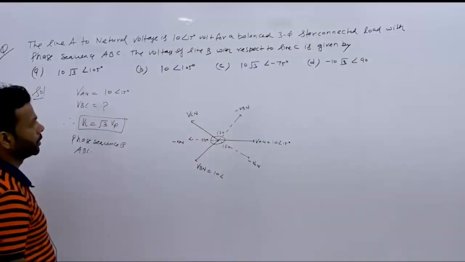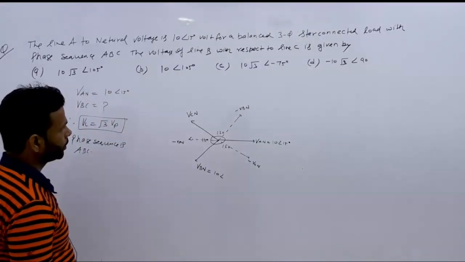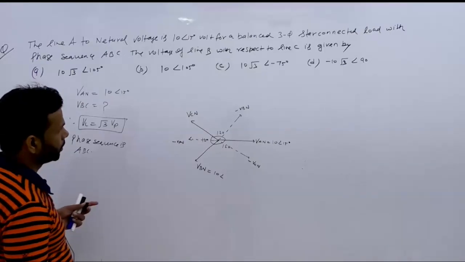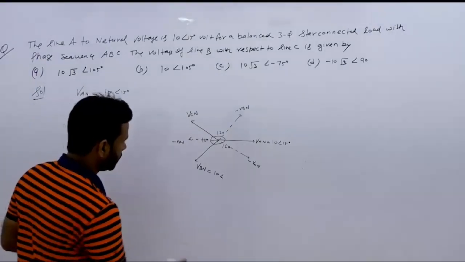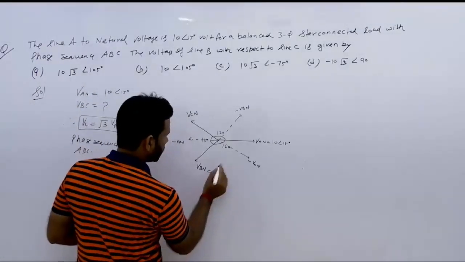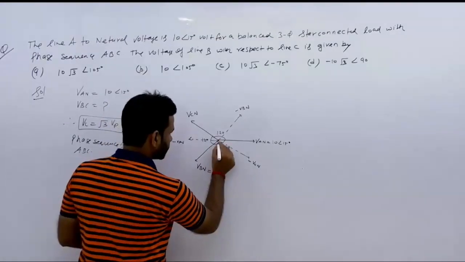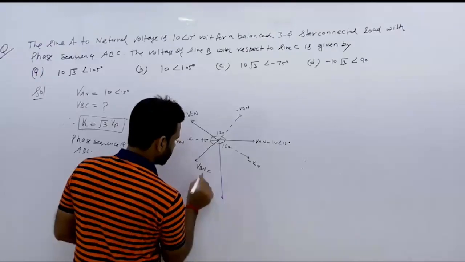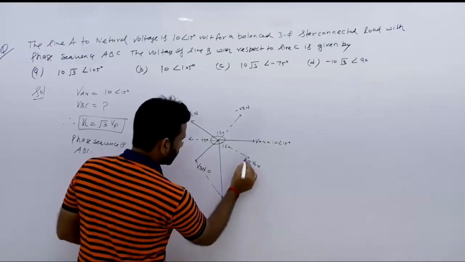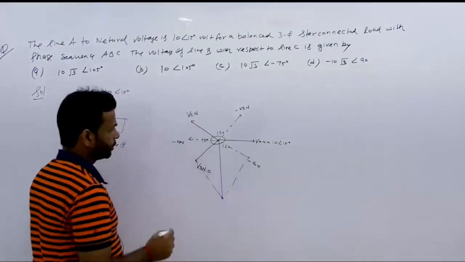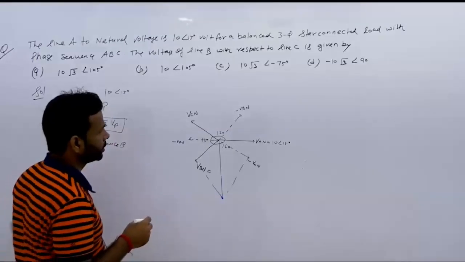ठीक है यहाँ पे. And they are asking to find what? VBC. Okay, this voltage. Okay, so let's draw this thing. This voltage they are asking. Okay, so let's see the answer.